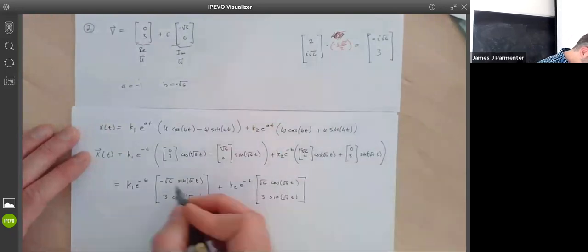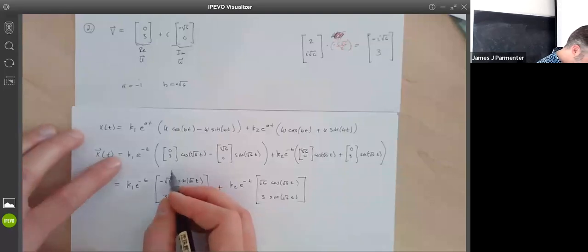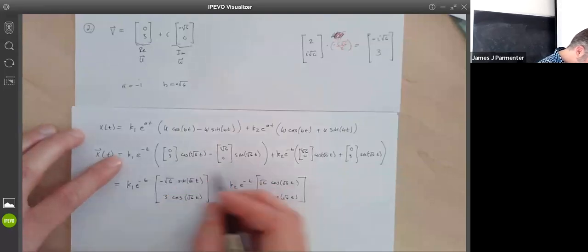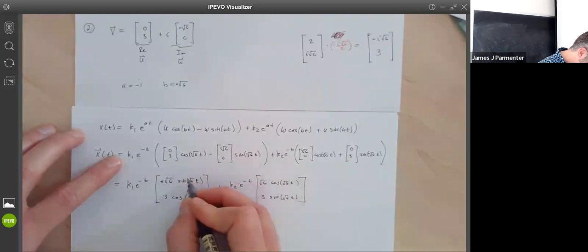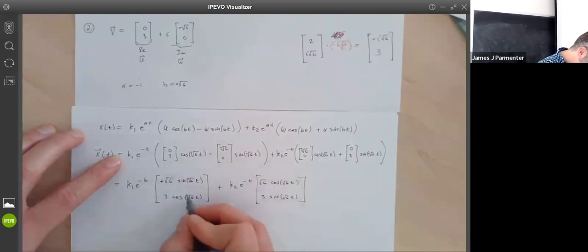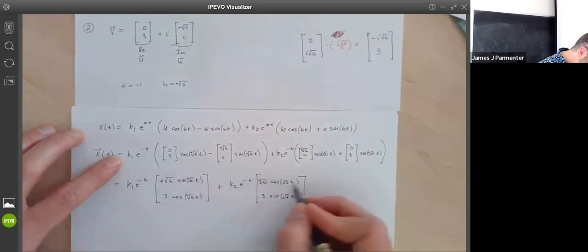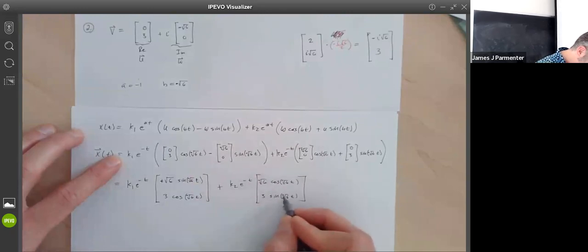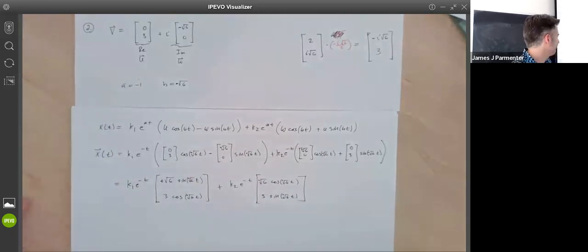Carried away. So that should actually end up being a positive root 6 there, negative there, negative there, negative there. Sorry, I didn't mean to do that. It's definitely not my intention.